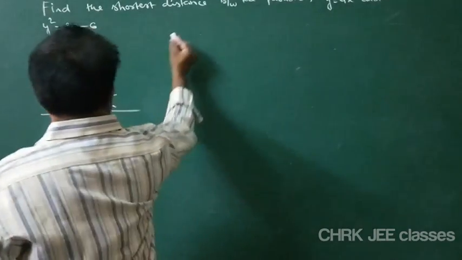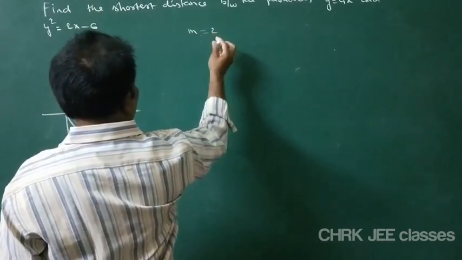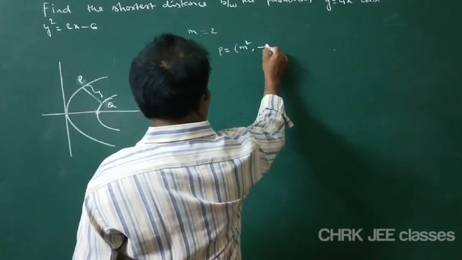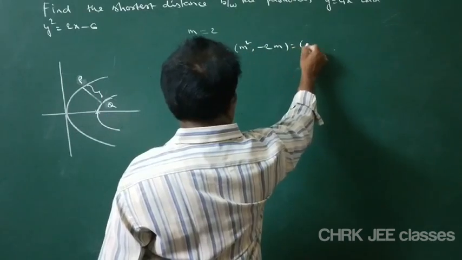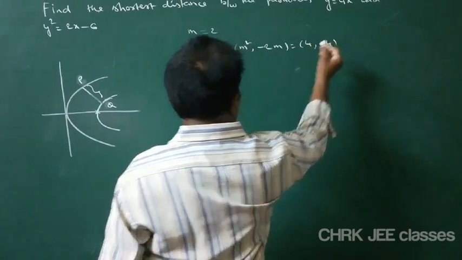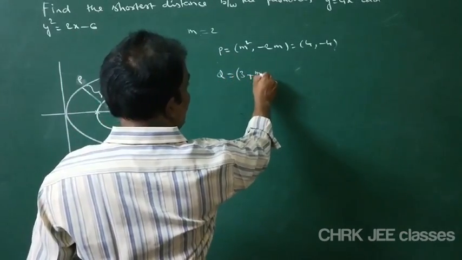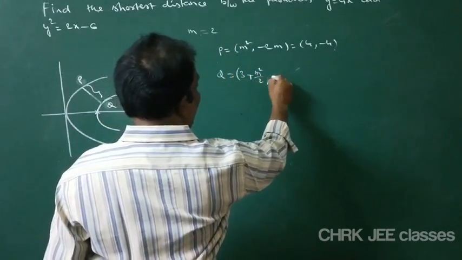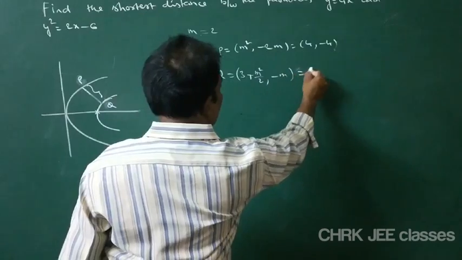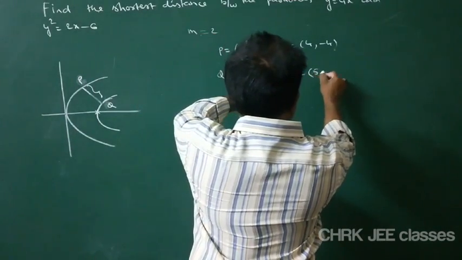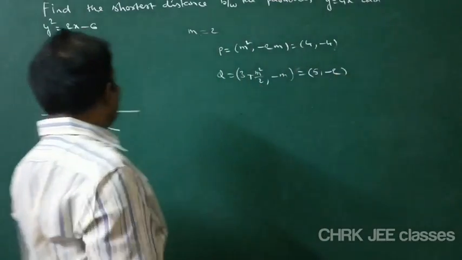Now by taking m equal to 2, the point P equals m square comma minus 2m, that equals 4 comma minus 4, and Q equals 3 plus m square by 2 comma minus m, that equals 3 plus 4 by 2, which is 5 comma minus 2.